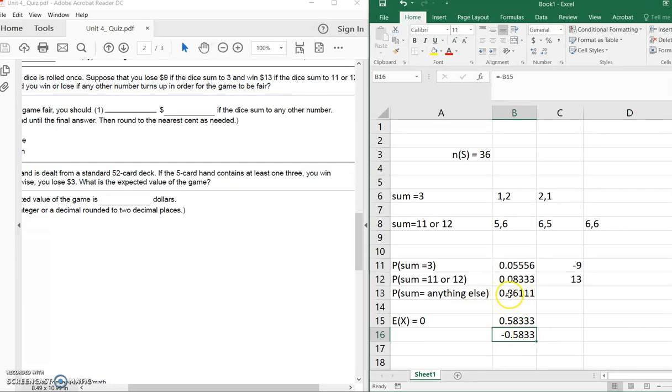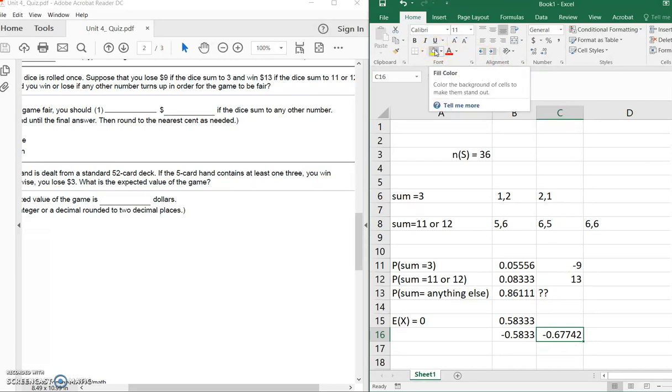By getting 0.86111 times this probability. So that would be this number divided by that probability.